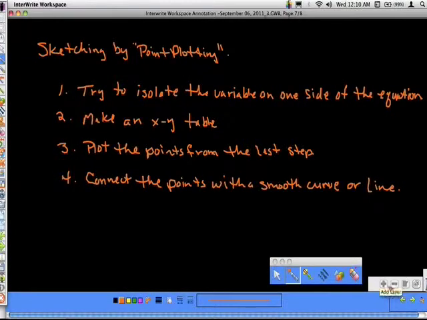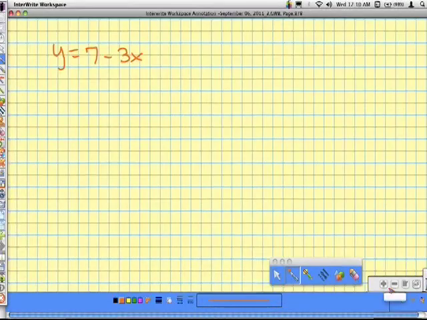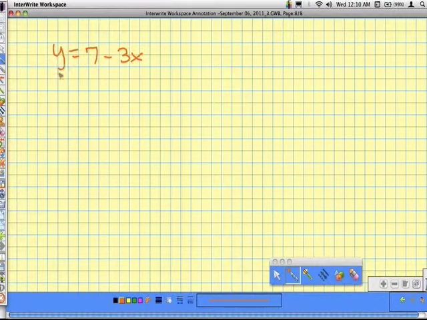Well, we've already got a y set up by itself. So since it's isolated, we can already go to our next step and just set up a nice xy table of values. So since x is within the expression on the right side, let's just pick some values.